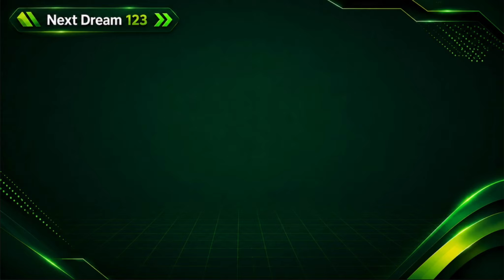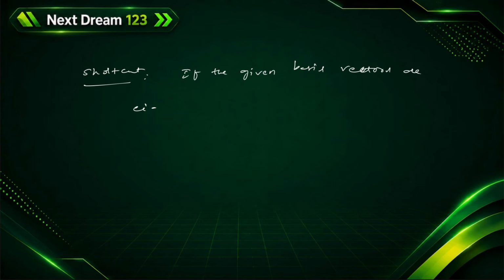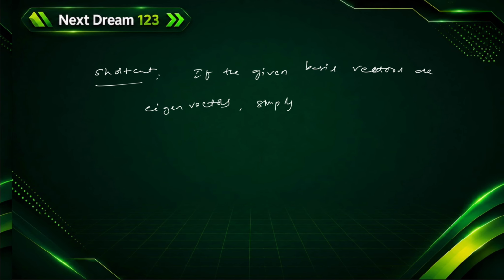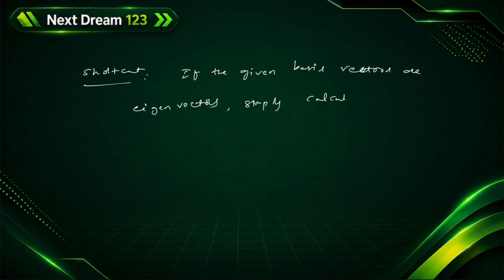Whenever you see this, remember this shortcut. If the given basis vectors are eigenvectors, simply calculate T of V1 equal to lambda 1 V1, T of V2 equal to lambda 2 V2.